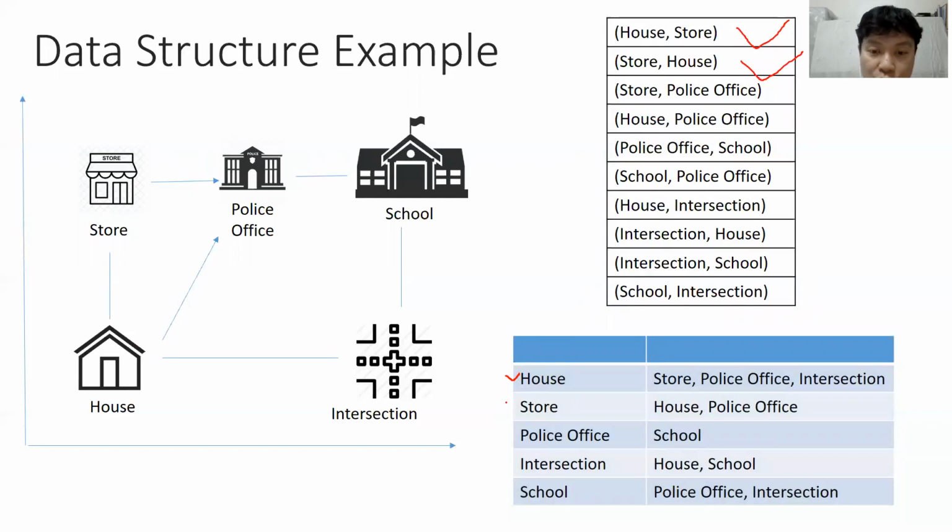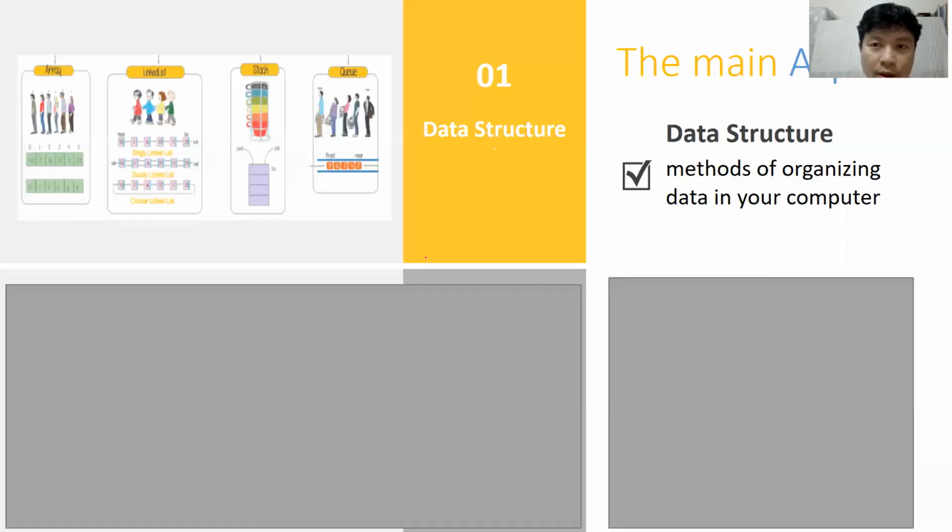If you're starting from store, then you will see the directions to house and police office. Those two data structures are available, and it depends on what you're going to do next. After you organize the data, of course you need to think about which part this data is good for.